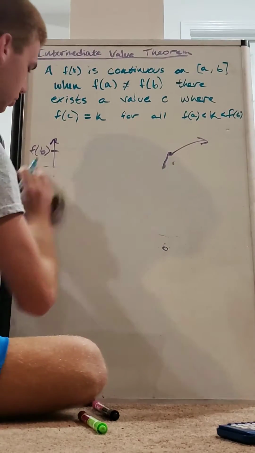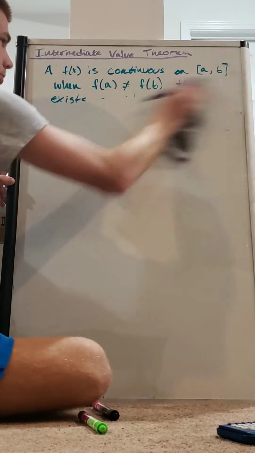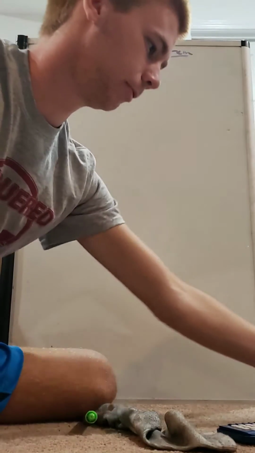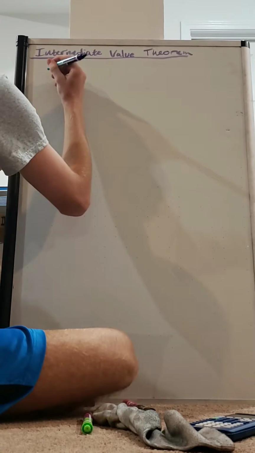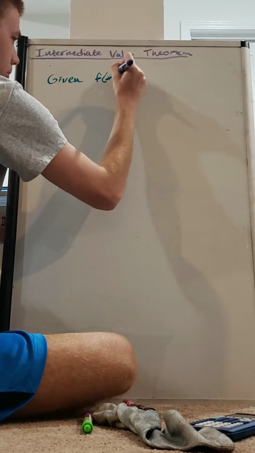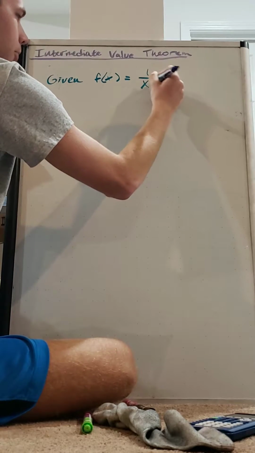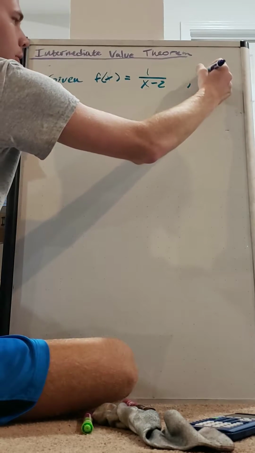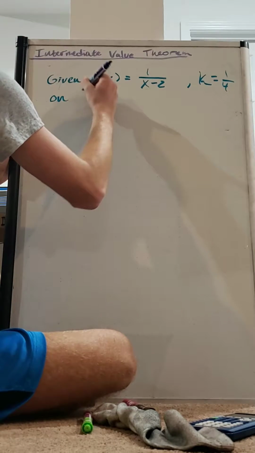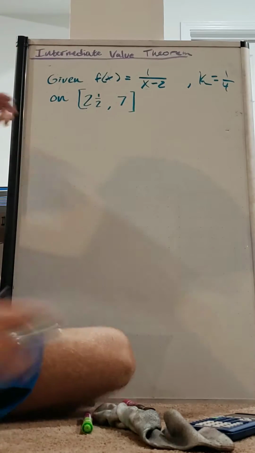Great. So some questions you'll be asked is, and this is all coming from the notes, given f of x equals 1 over x minus 2, and k equals 1/4 on the interval 2.5 to 7.